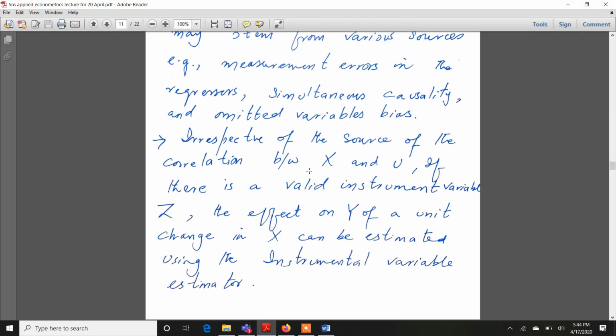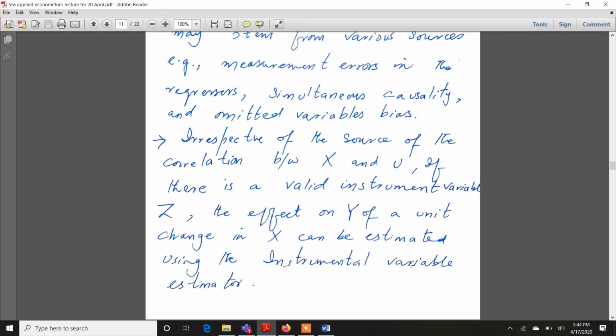So what is instrumental variable regression? If there is a valid instrument variable z, the effect on y of a unit change in x can be estimated using the instrumental variable. So let's not get lost in this fancy terminology. What I'm saying is, originally I want to see the impact of x on y, right? But the problem is I have the issue of endogeneity, that is y is a function of x, and x is a function of y.